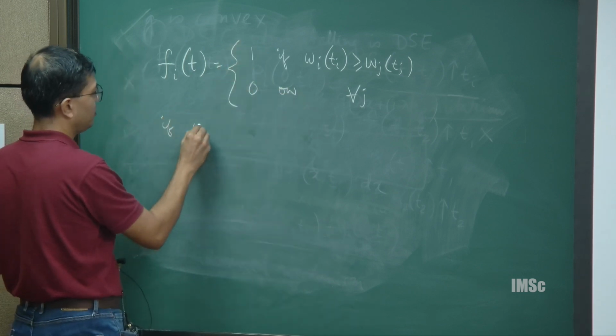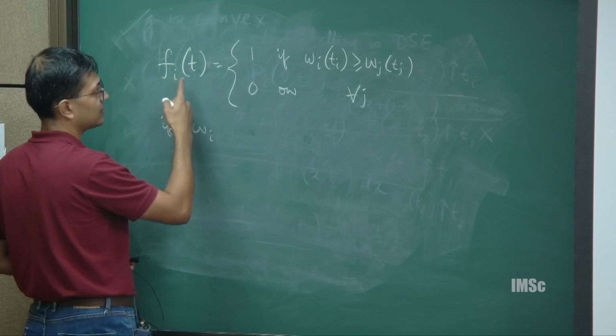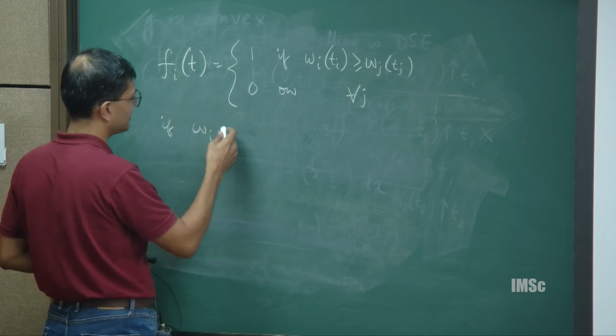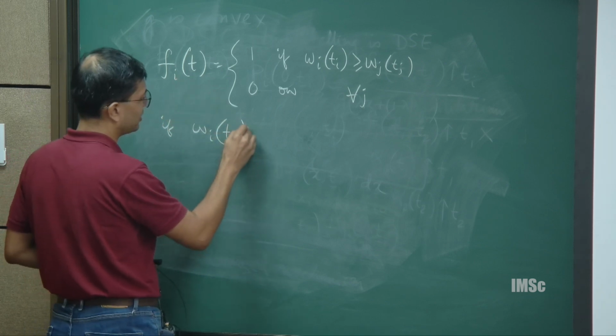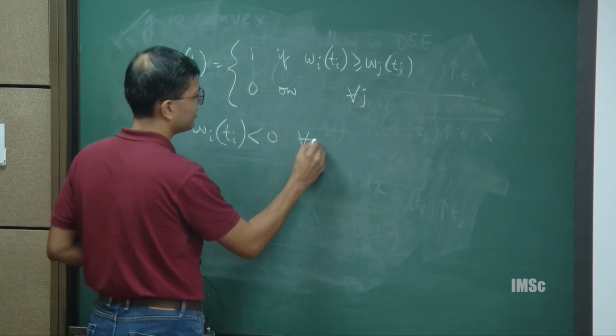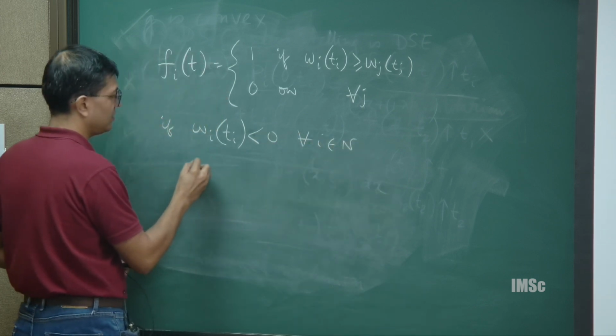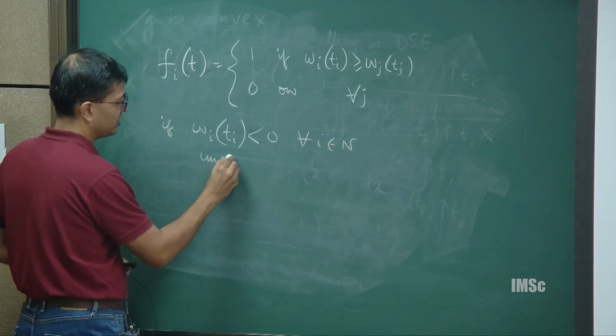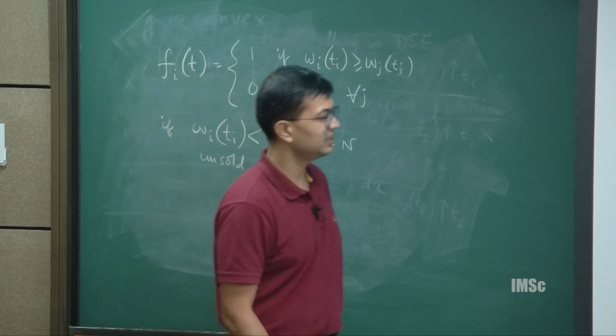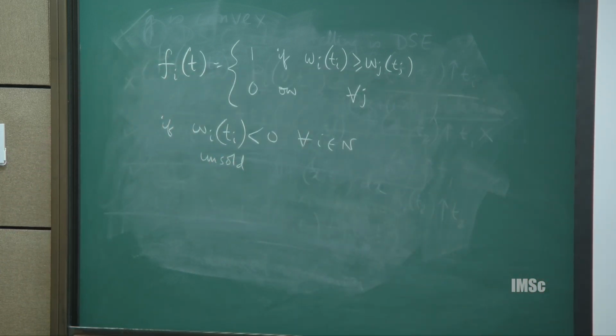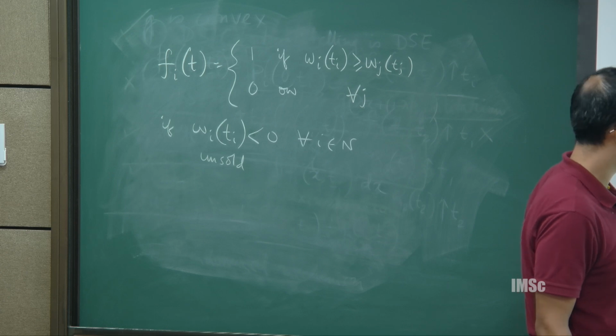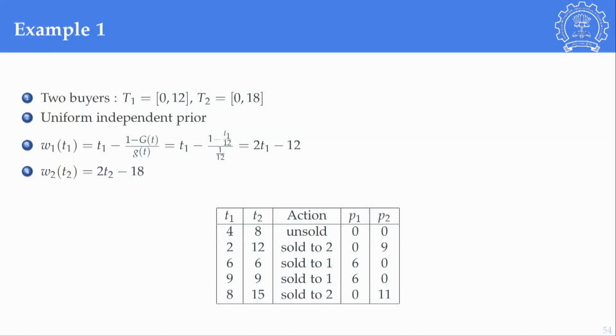This is the else condition, the if condition is written here. If Wi of Ti is negative for all i, then the item is unsold. So, if you plug in this value here, the virtual valuation is negative for player 1, and for this value the virtual valuation is also negative. So, nobody is going to give me positive expected revenue, so I will not sell this object.